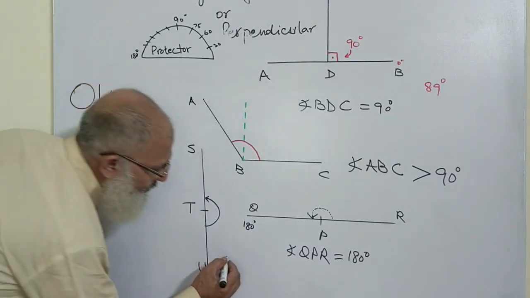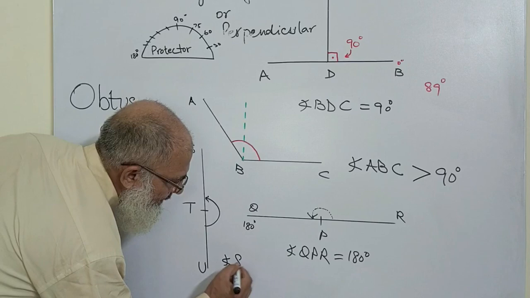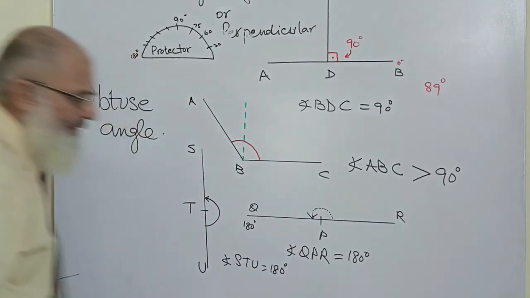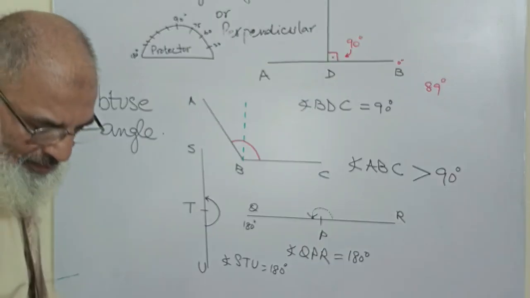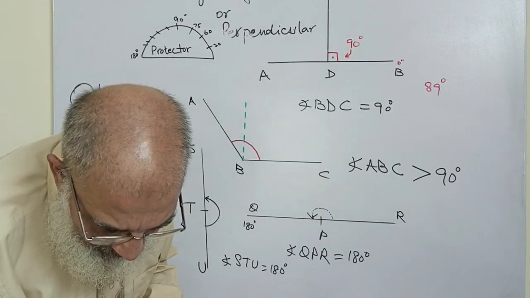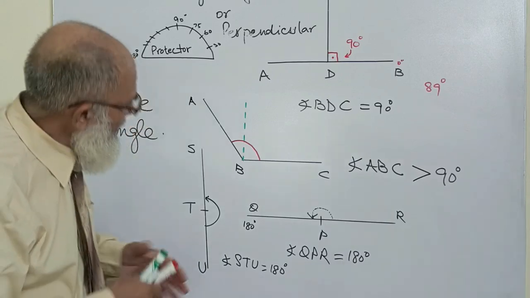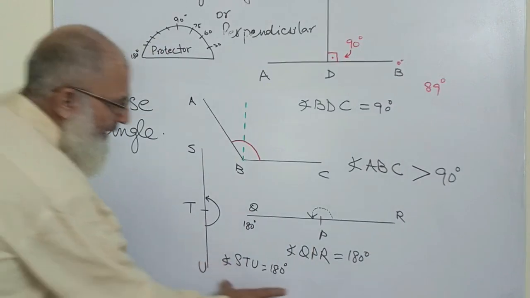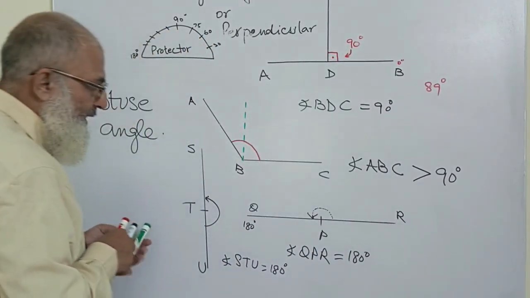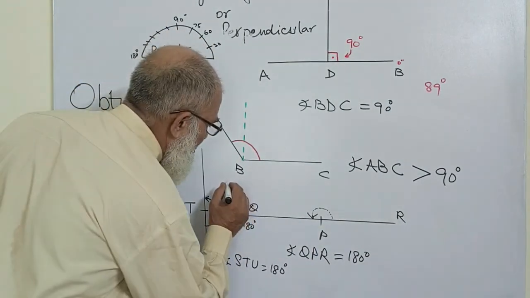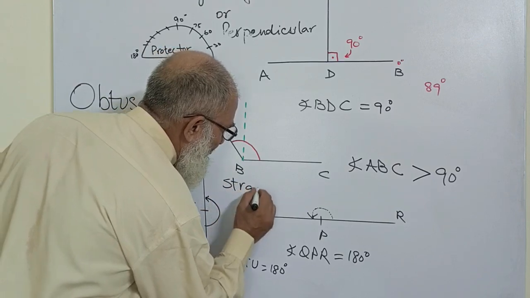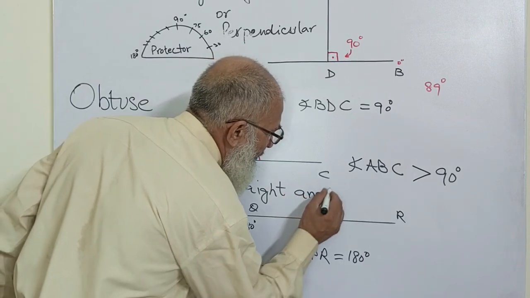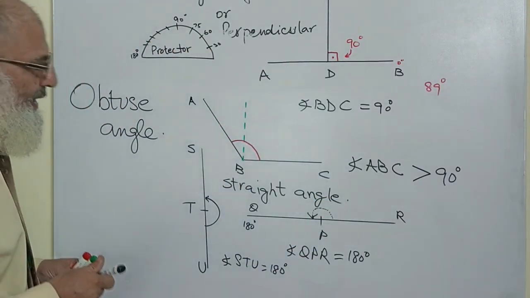Now angle STU is again equal to 180 degree. So this angle which is straight and is equal to 180 degree, we call it a straight angle. It is a straight angle.